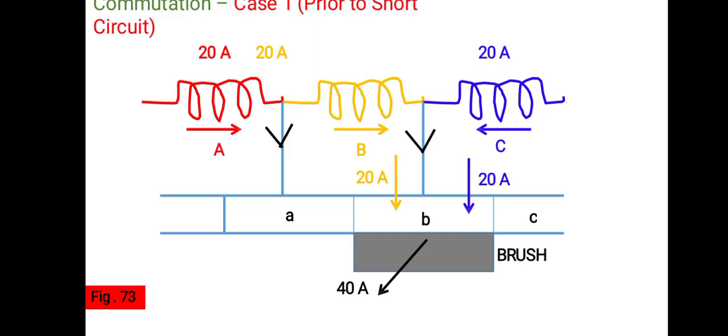That 40 amps is flowing through the yellow winding and the blue winding, so 20 amps and 20 amps, 40 amps in total, flows to the brush.